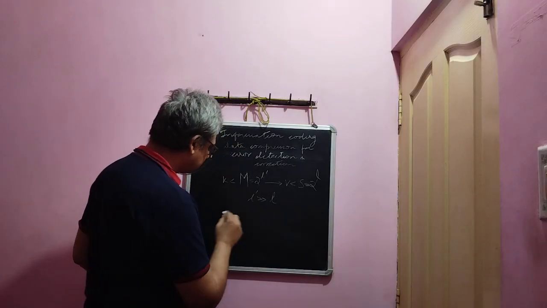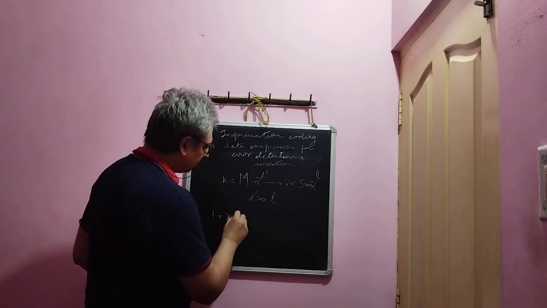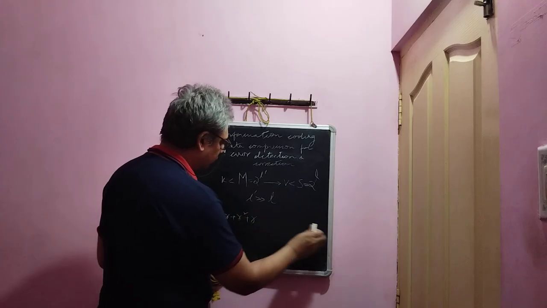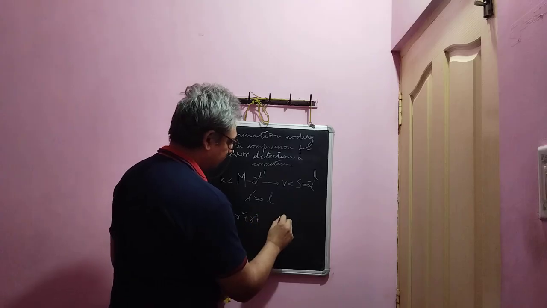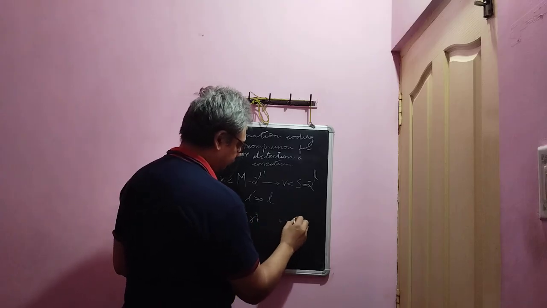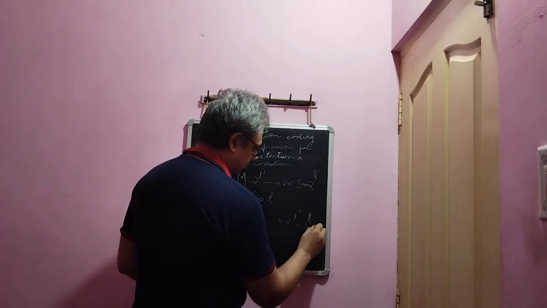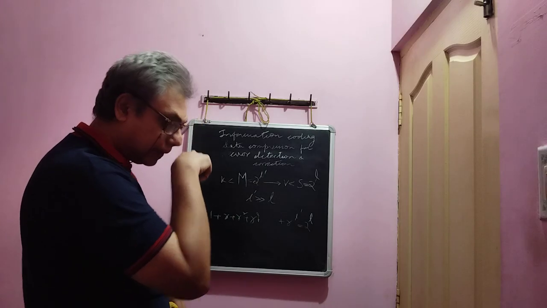Now probably an immediate thought which occurs to us is to determine r such that 1 plus r plus r square plus r cube up to r power l dash minus 1 is equal to 2 power l.